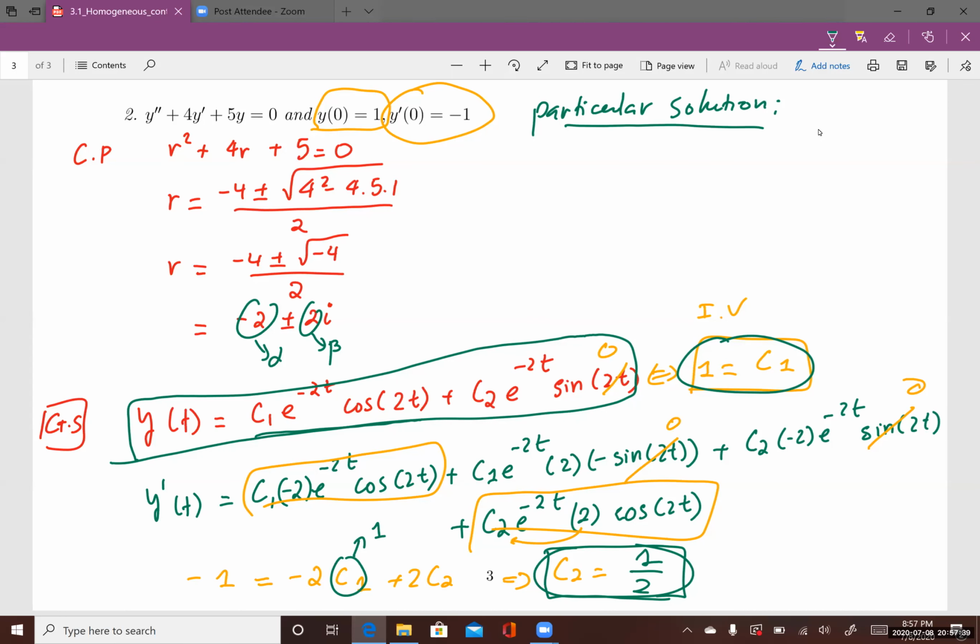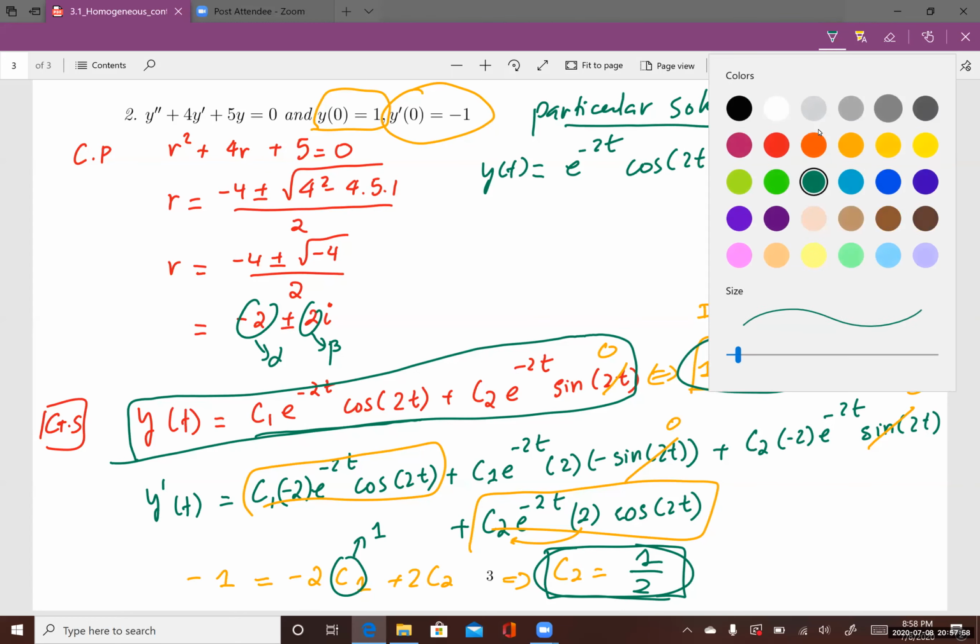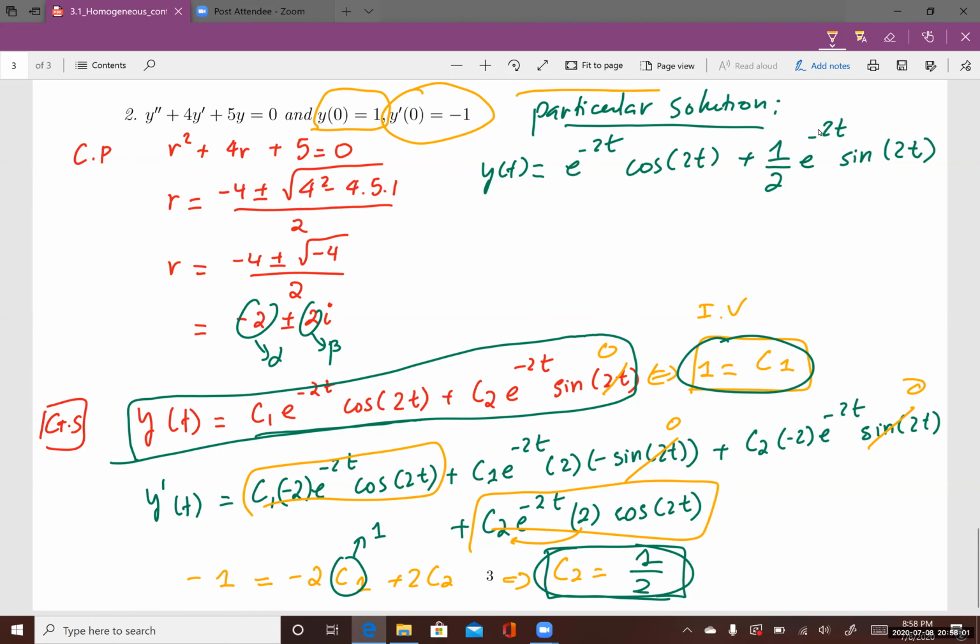The particular solution would be y of t equals C1, which is 1, so e to the negative 2t cosine of 2t, plus C2, which is 1/2, e to the negative 2t times sine of 2t. Here we go. I just found the particular solution for this IVP.